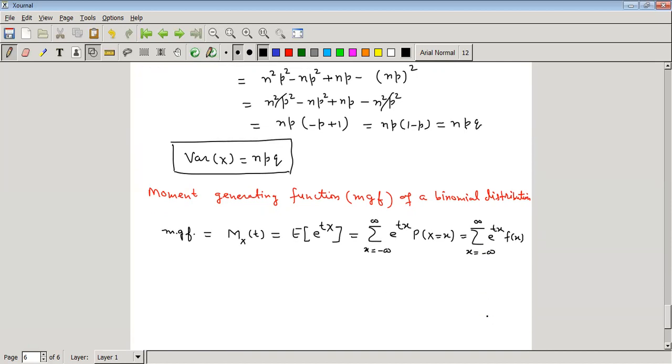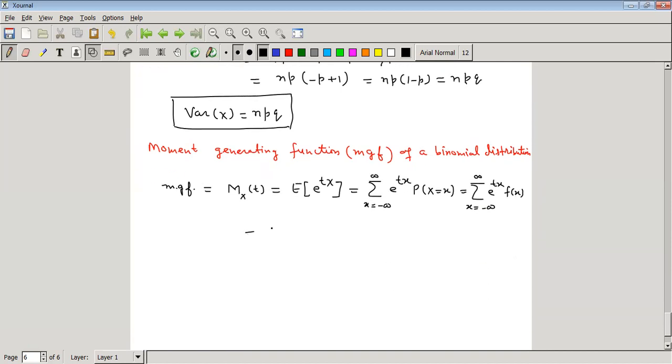So we can put the value of f(x): summation x is equal to minus infinity to infinity e to the power tx into nCx p to the power x q to the power n minus x. Since it is a binomial distribution, it is defined only for x from 0 to n.